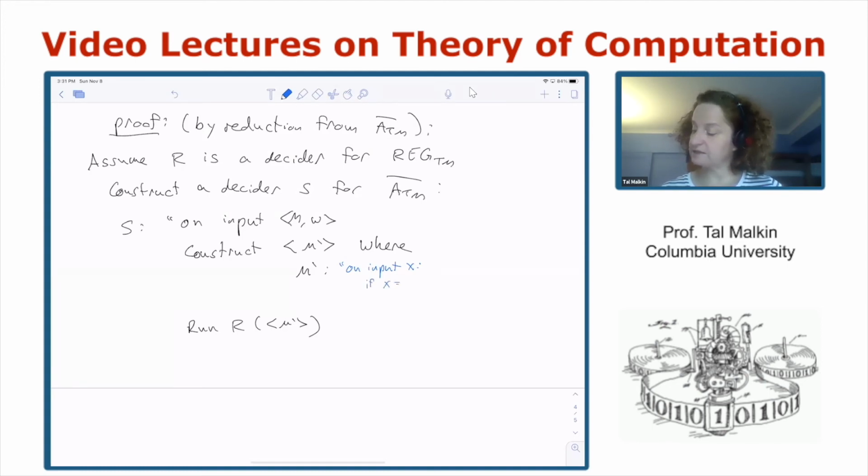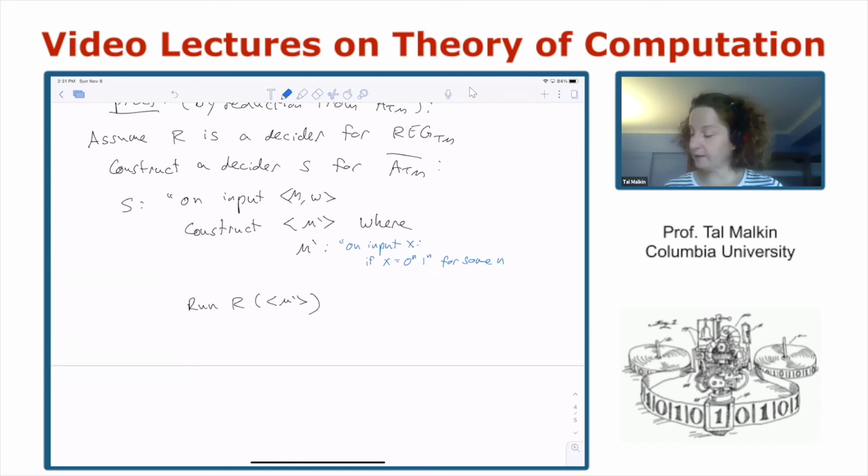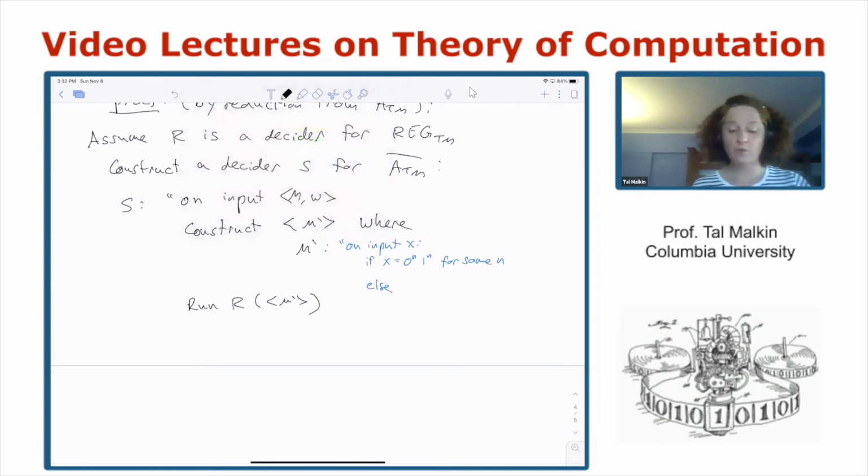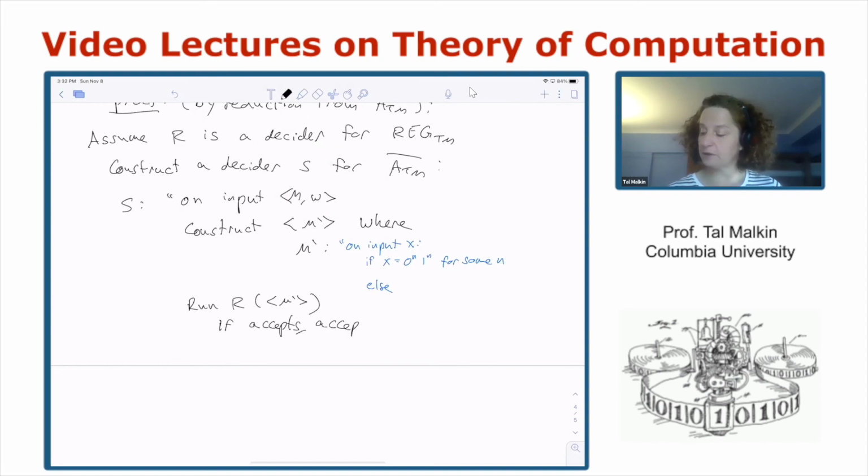If X is of the form 0^n 1^n for some n, I will do one thing, and else, if X is not of that form, I will do another thing. So what I want to say is I will want to do it as follows. I want to run R on M prime, and if it accepts, accept, and if it rejects, reject.